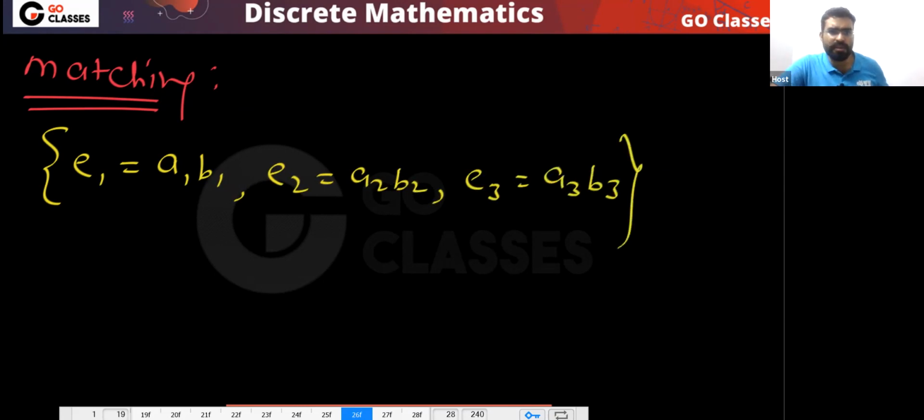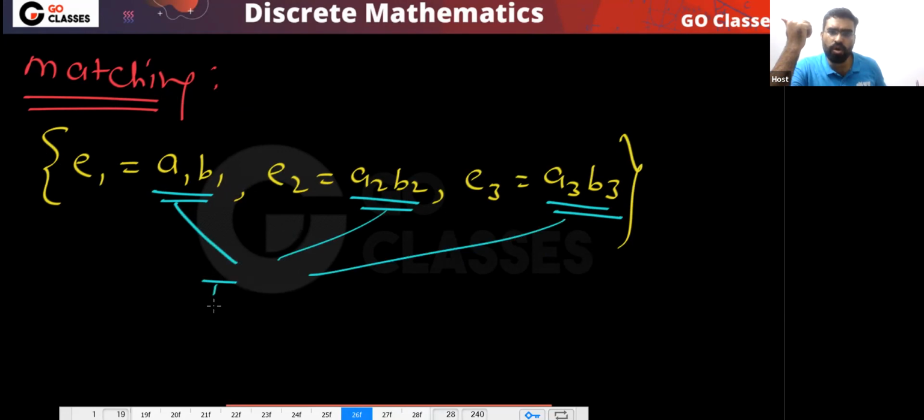If this is a matching, what should happen? Is it possible that they can be the same? If this set is a matching, then these six vertices must all be different.